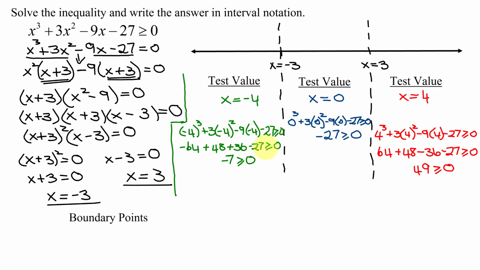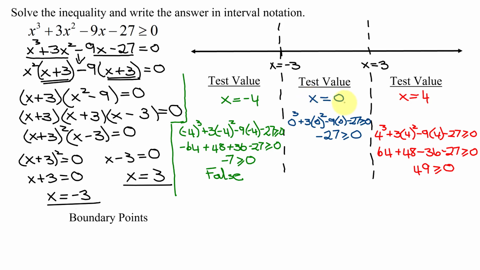Minus 27, is that greater than or equal to 0? When you add up all of these numbers, you land up with -7. Is -7 greater than or equal to 0? That is a false statement, so I do not want the region to the left of x equals -3.